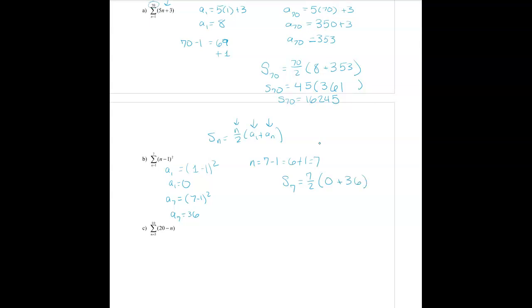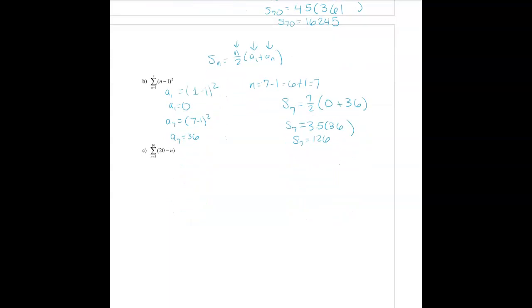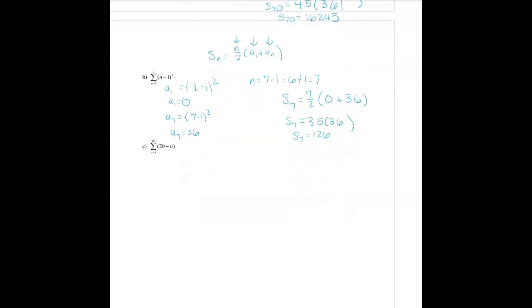So S sub 7 is equal to 3.5 times 36, which should be 126. So the sum of my first 7 terms of that series is 126.